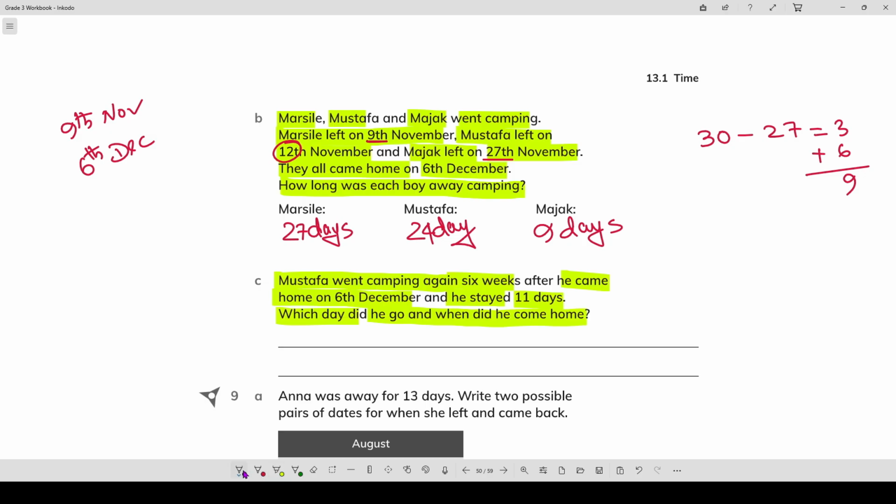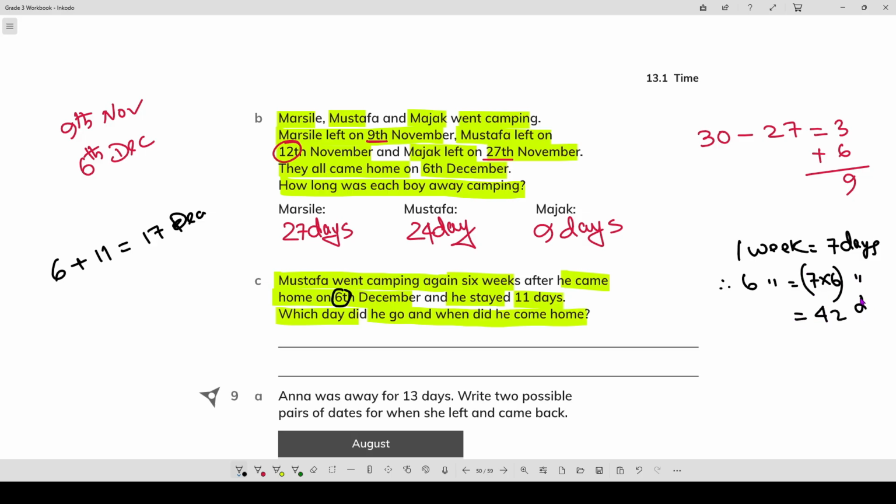First, he returned home 6 December and stayed 11 days, so it means 17 December. He went camping again after 6 weeks. 1 week is 7 days, so 6 weeks is 7 times 6, which is 42 days.